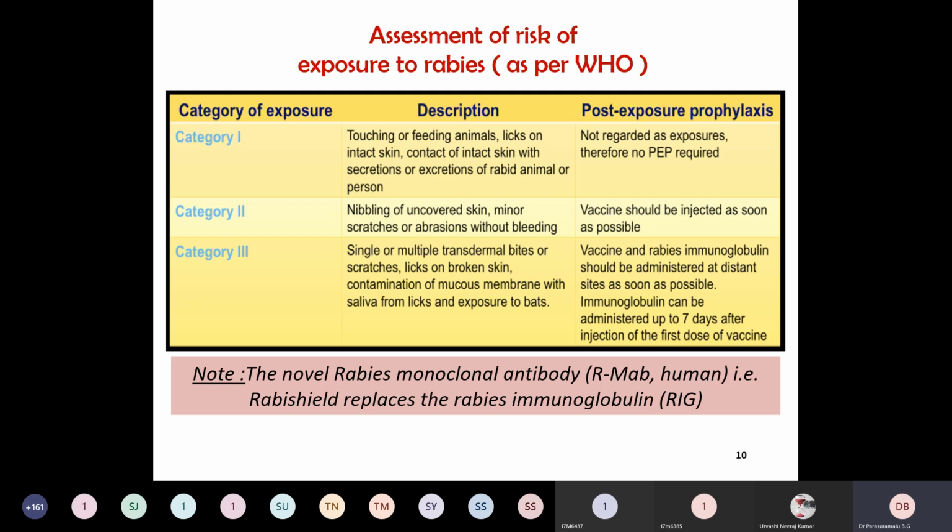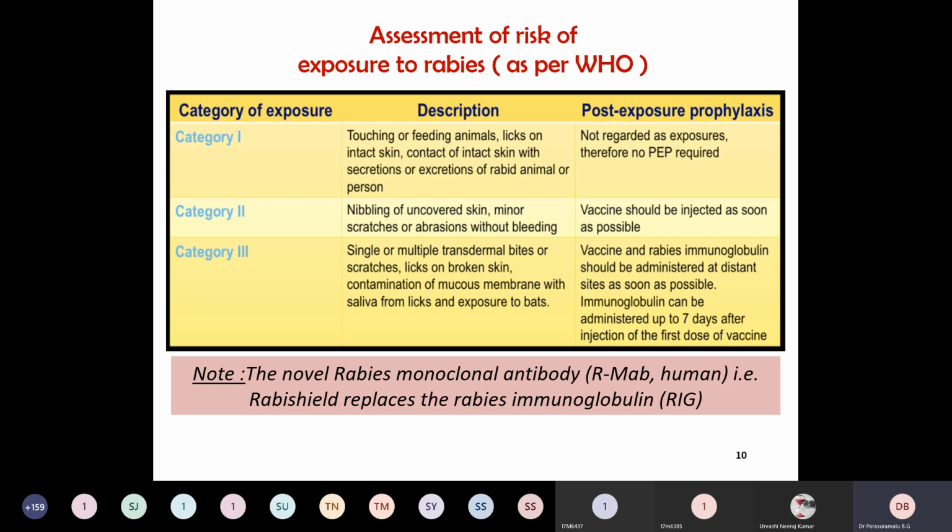In case of a positive reaction, if the induration is more than 10 millimeters with or without constitutional symptoms, it is considered positive. And in case of a positive reaction, human rabies immunoglobulin or the rabies monoclonal antibodies are given depending upon the affordability of the patient and availability.